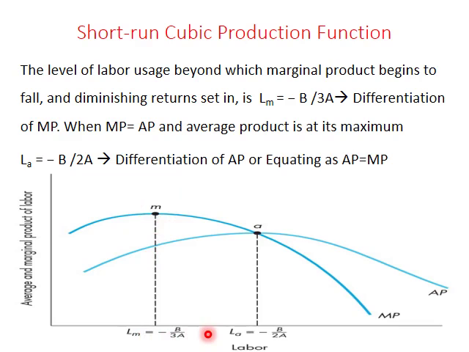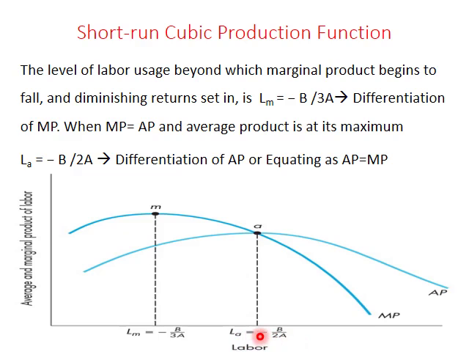over 3A, this point. And in order to get the maximum point of the average product, we can equate AP with MP, average product with marginal product, or we can differentiate average product and equate with 0. So we can get the maximum point of the average product, that is LA equals minus B over 2A.